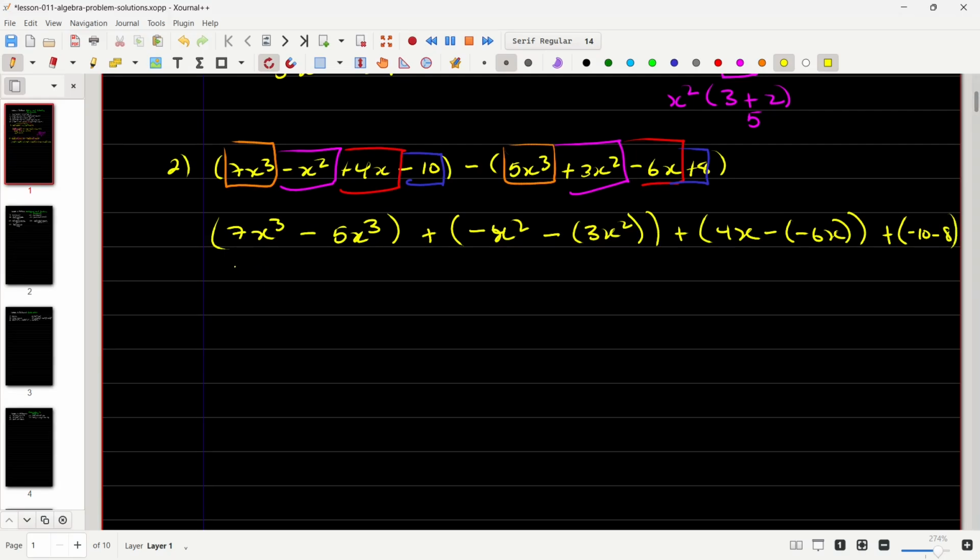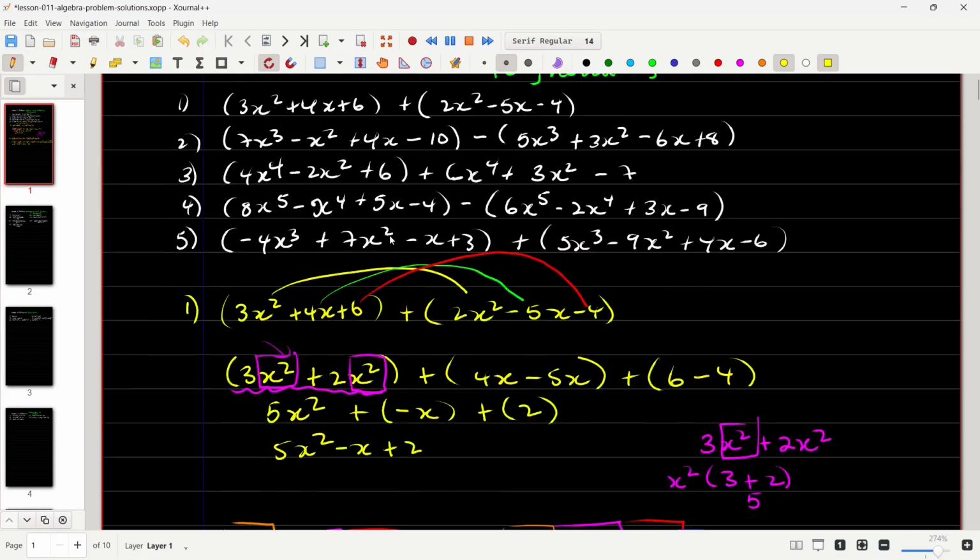So this here would give me 2x to the third power minus 4x squared. Then this and this is a plus, so that's 10. And then minus and minus, this would be negative 18. So that's the final answer.